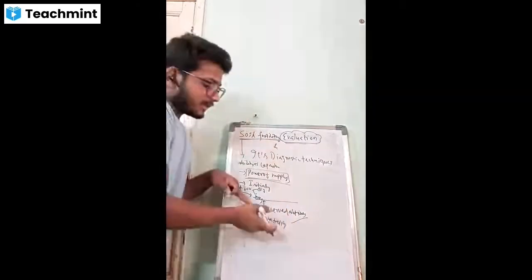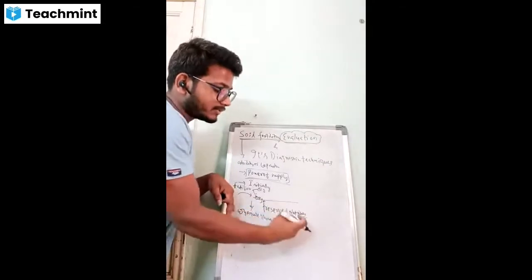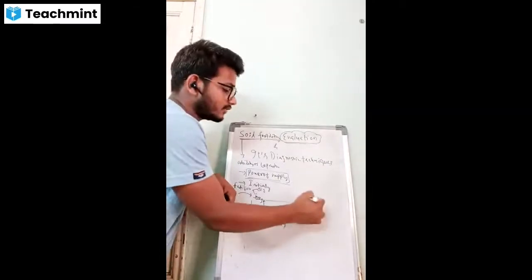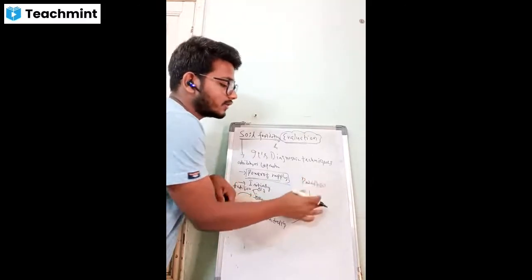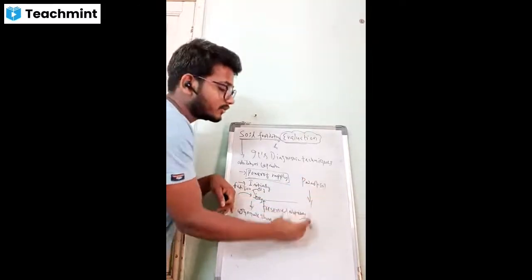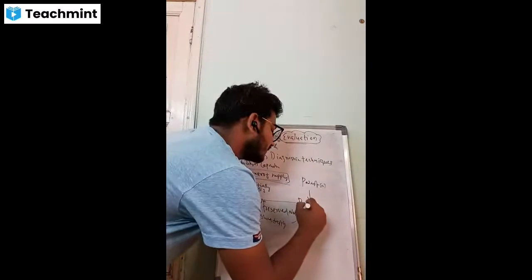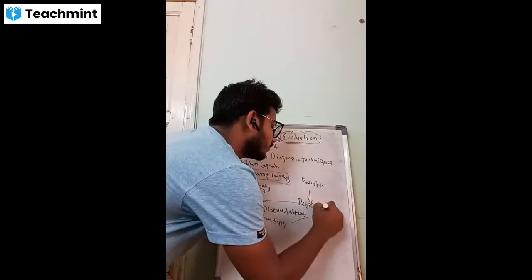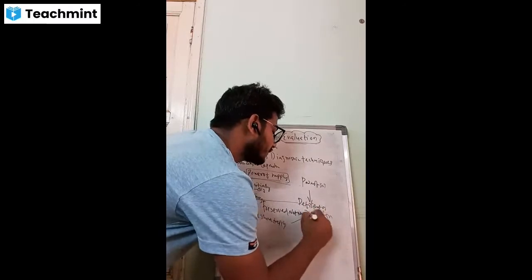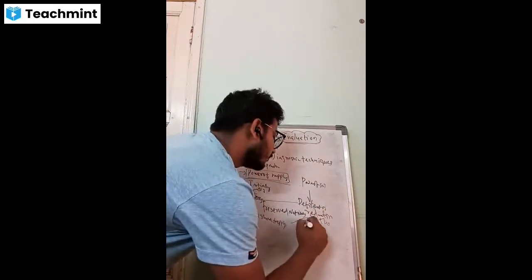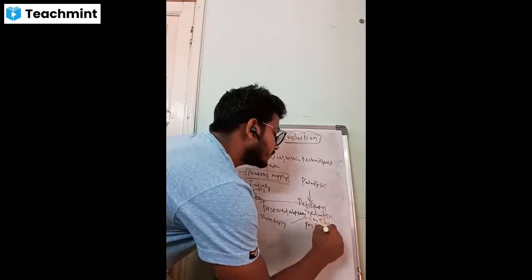Okay, when the power of the soil decreases, it means there will be a deficiency or reduction in the pool of nutrients.